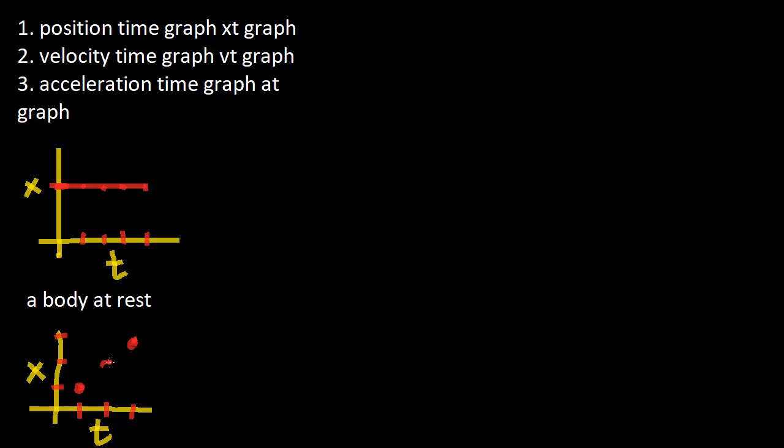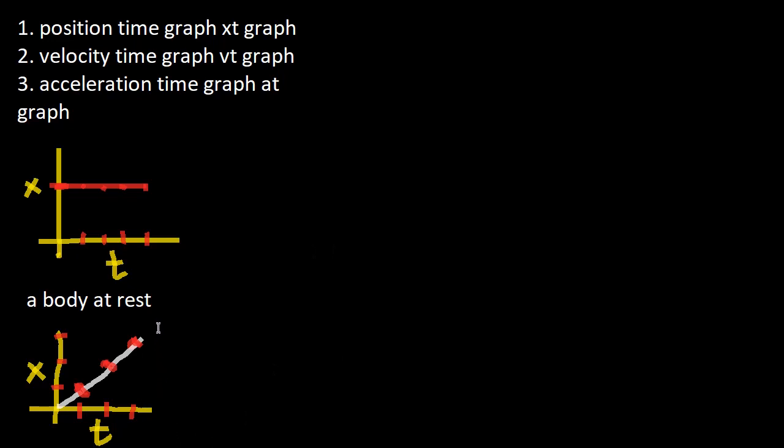If we go on in this way, we will have a graph like this, a straight line, but not parallel to the time axis. Rather, it is oblique, but it is a straight line. And this is the xt graph of a body which is in uniform motion.